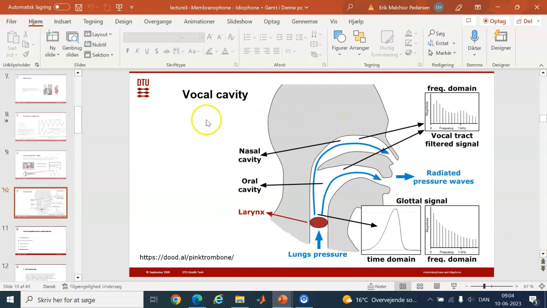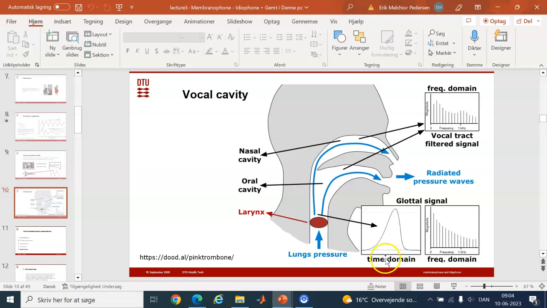And the vocal cavity: you see the nasal cavity, oral cavity, larynx, lungs pressure. Larynx means strubehoved.